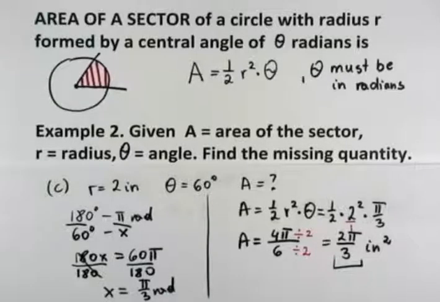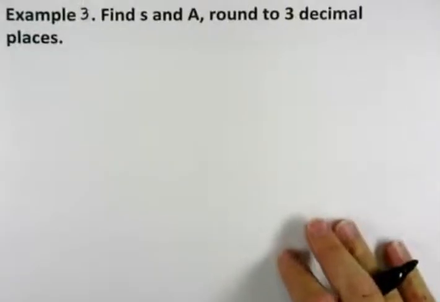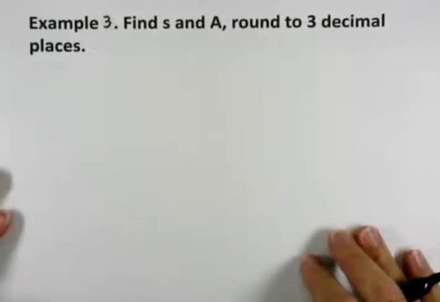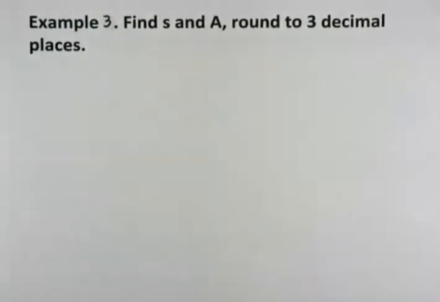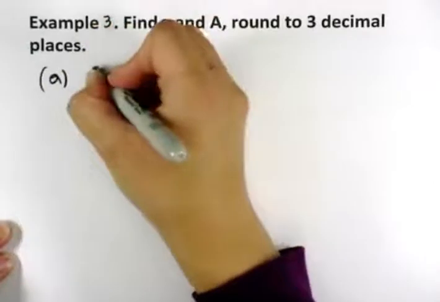Okay, now we have example 3. Find S, the arc length, and find the area of the sector. Round to 3 decimal places. And we have the circle on the graph.